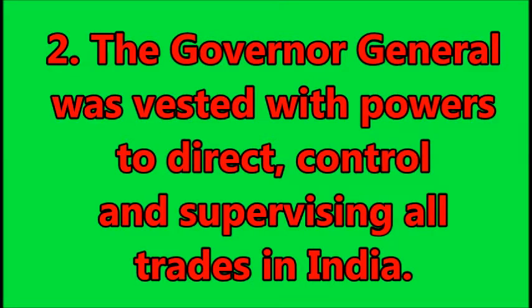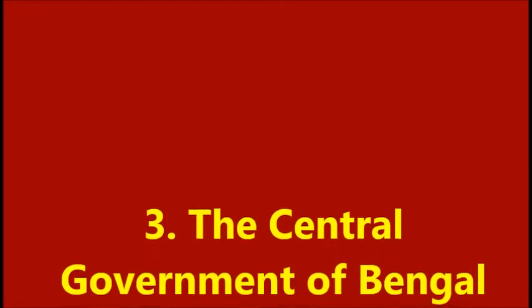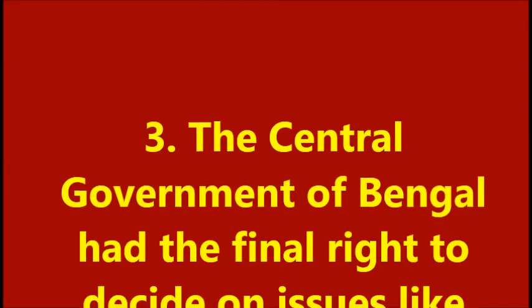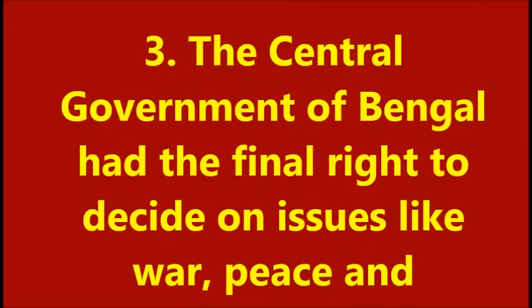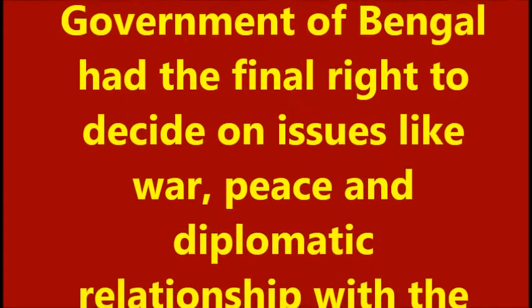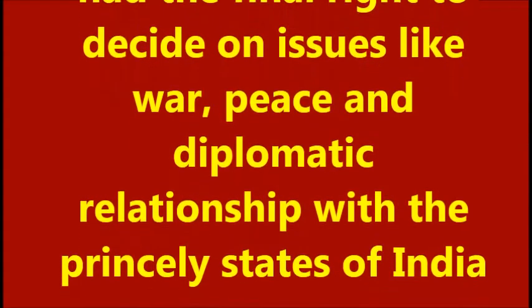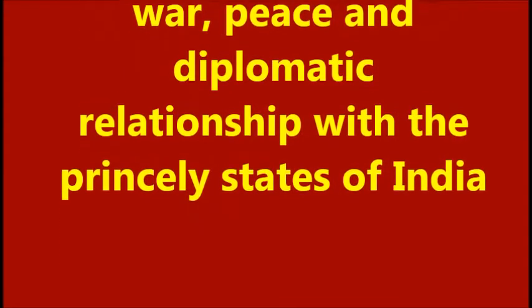Second one, the Governor General was vested with powers to direct, control, and supervise all the trades in India. Third one, the central government of Bengal had the final right to decide on issues like war, peace, and diplomatic relationship with the princely states of India.